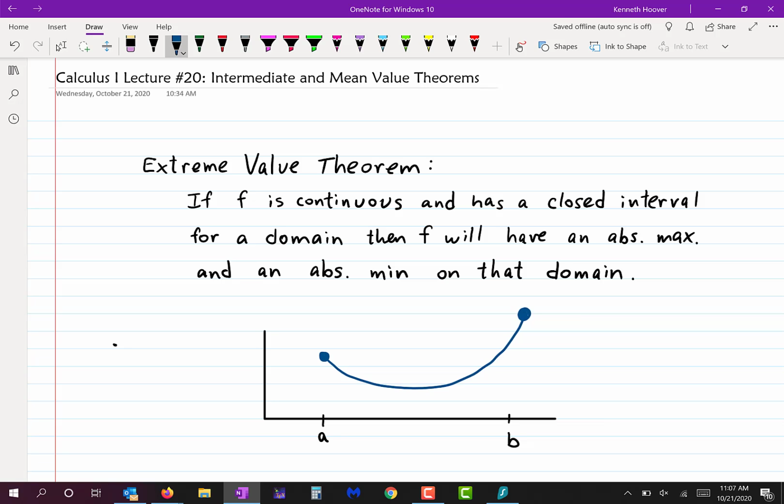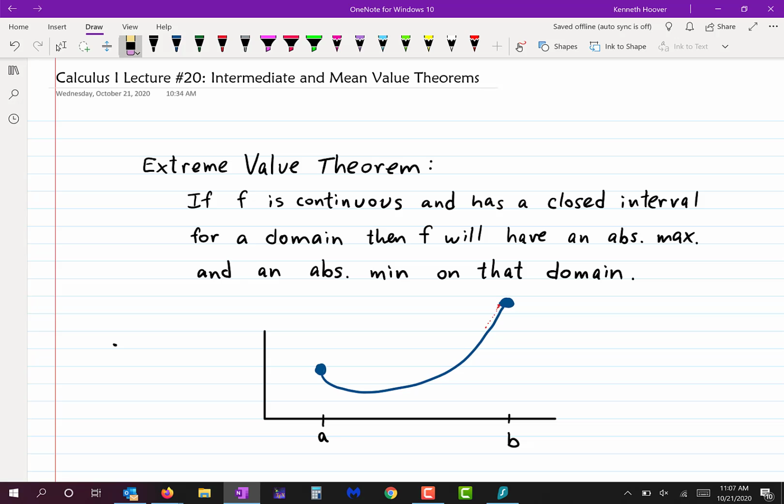I'll just remind you here that if the interval was open, then the endpoints would not be part of the graph. Then there might not be an absolute max and or min. This particular picture I drew does have an absolute min right around here, but there's no absolute maximum, because no matter how high you get, you can still go a little bit higher. But if the interval from A to B is a closed interval, and that's the domain you're given, you're guaranteed an absolute maximum and an absolute minimum.